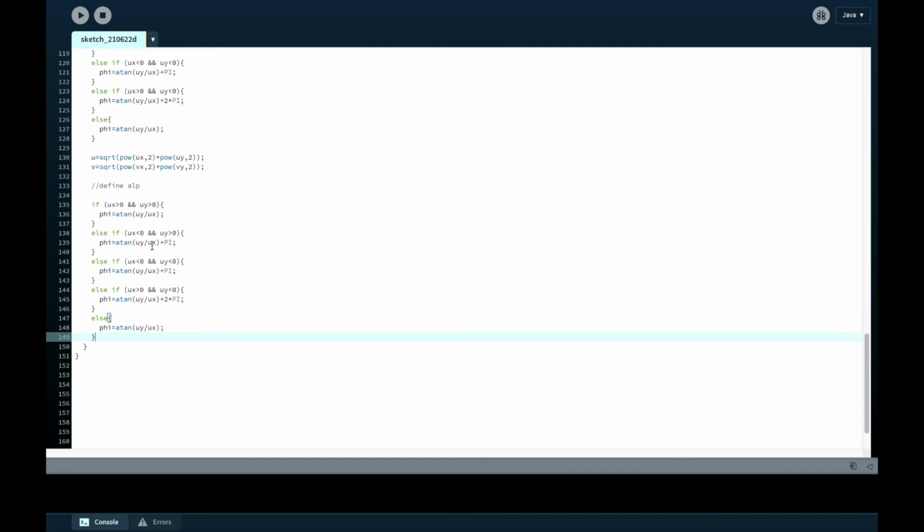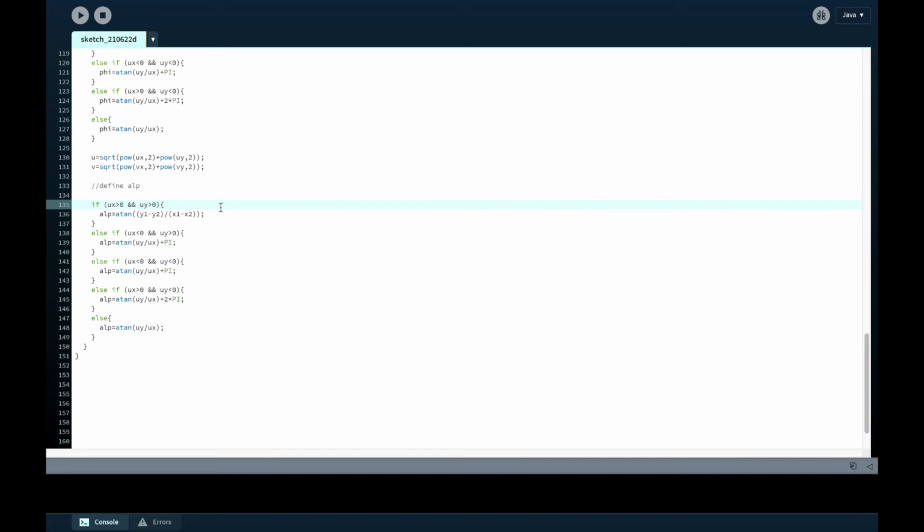But now alpha is defined as the arctangent of y1 minus y2 divided by x1 minus x2. And you could check this in my previous video for more information. But basically this is how it's defined in the general case. So here in the first quadrant, this is how it's defined.